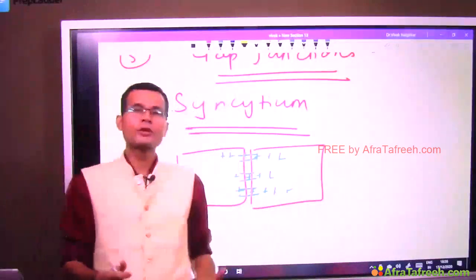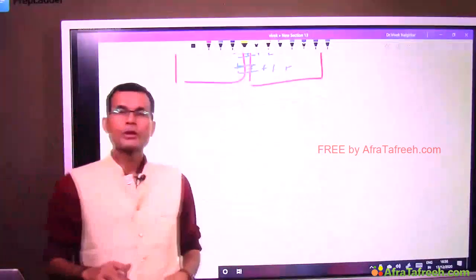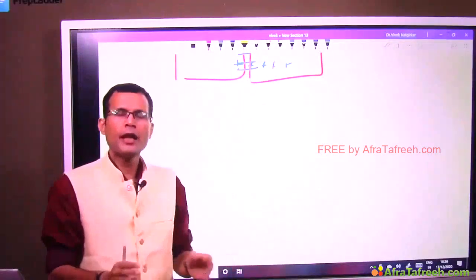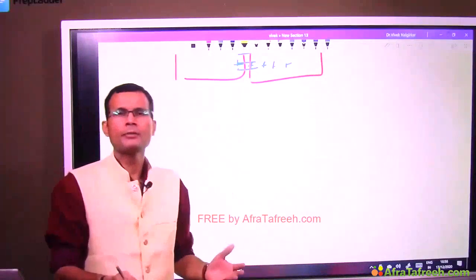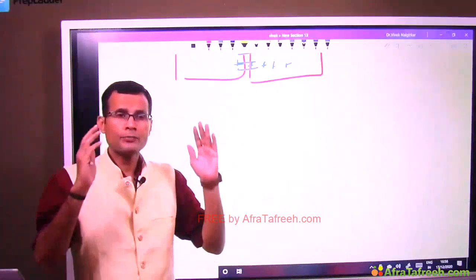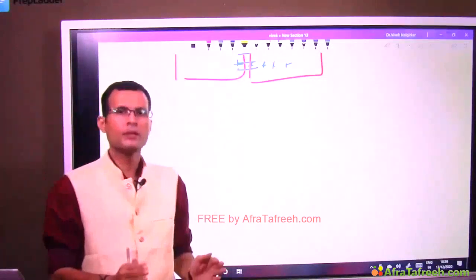So what is the importance of this? The importance is that the entire musculature will excite together, almost at the same time, and therefore the entire musculature will contract together as one bundle.